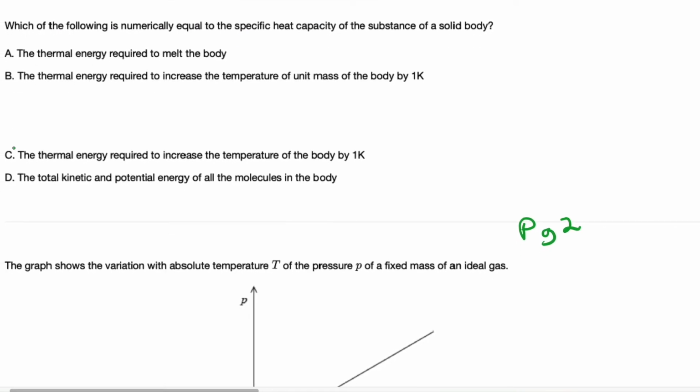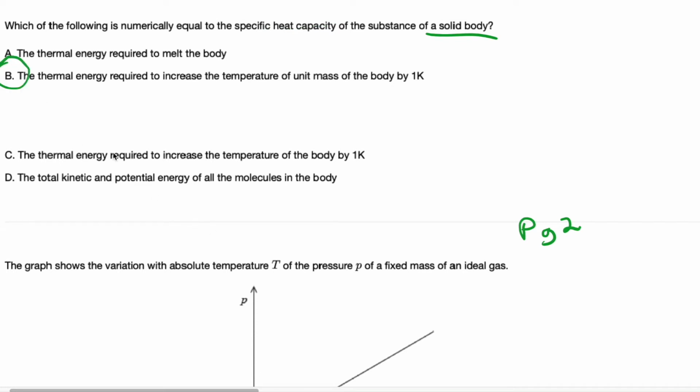Which of the following is numerically equal to specific heat capacity of the substance of a solid body? So this one is testing the basic definition of specific heat capacity, right? So we can just directly choose B, right?